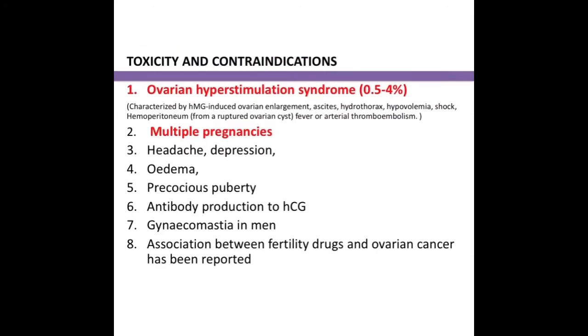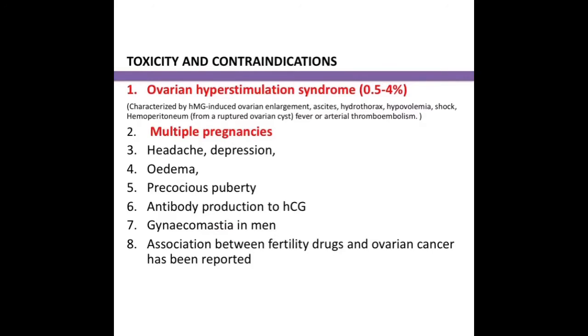What are some toxicities and contraindications that we have to be aware of when treating patients? Firstly, and most commonly, is ovarian hyperstimulation syndrome. This occurs in 0.5 to 4% of patients receiving synthetic gonadotrophins.